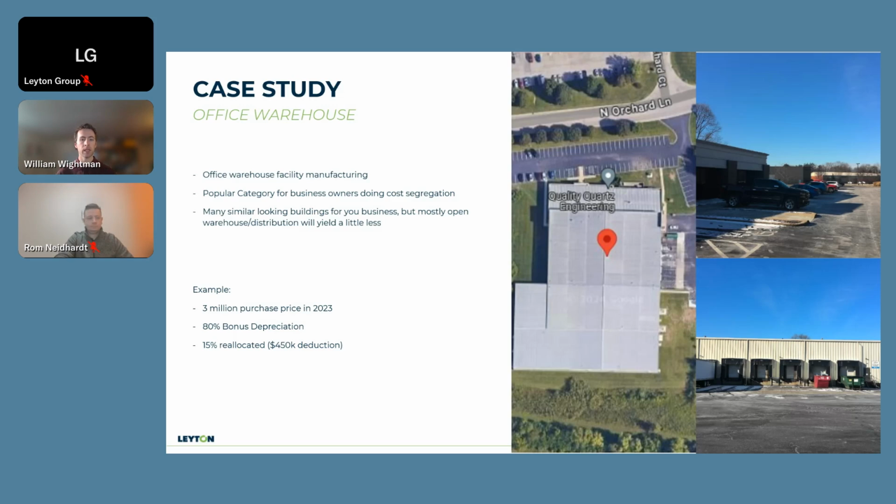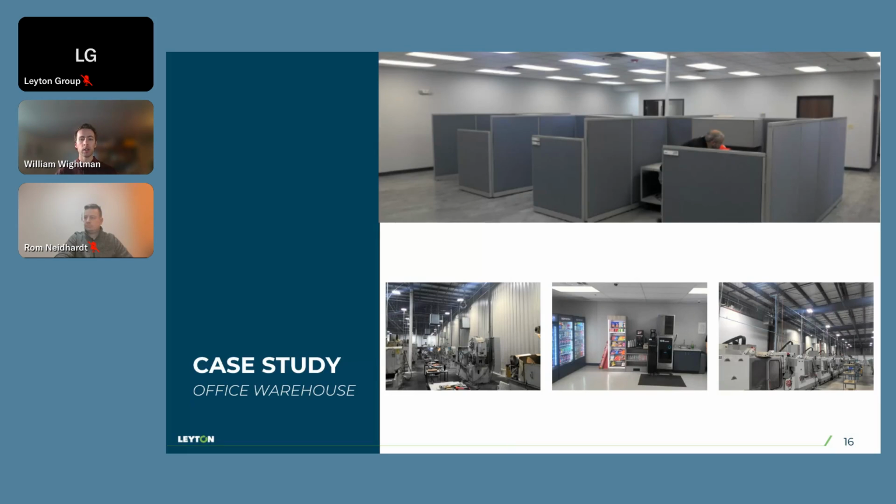And then going to the next slide, I've got a few more pictures here of the interior. Like I mentioned, the front part of the building was office space. So you can see here, there's some cubicles. Personal property that we'd be looking at here would be like the luxury vinyl plank flooring, the rubber base around the edges as well, and any computer equipment, electrical equipment that's serving the office.